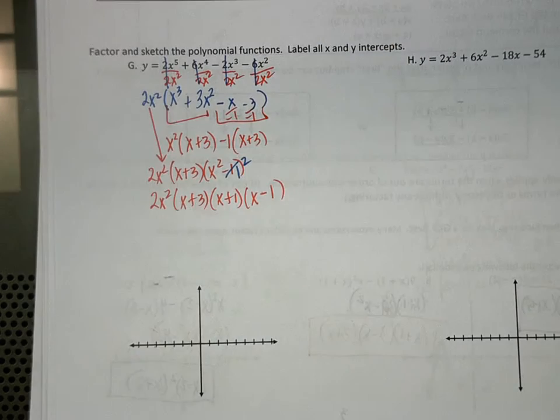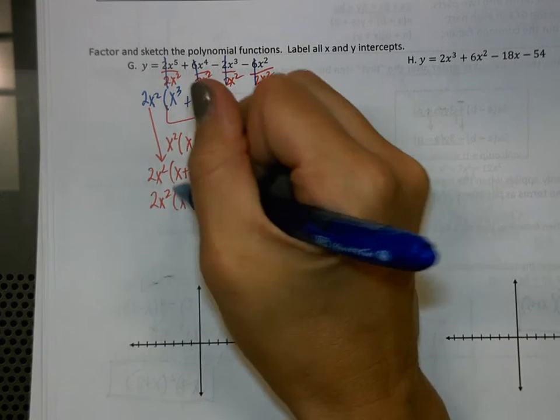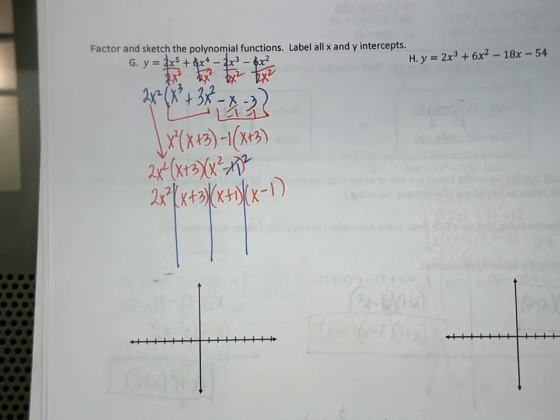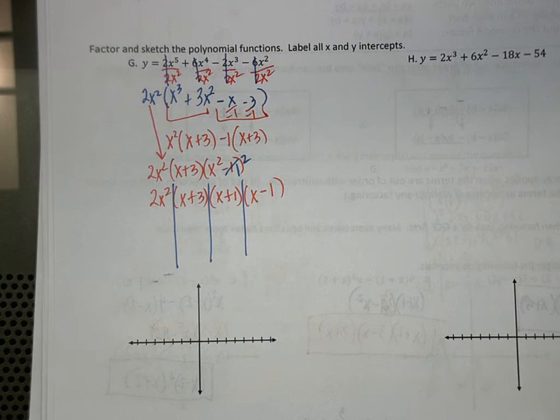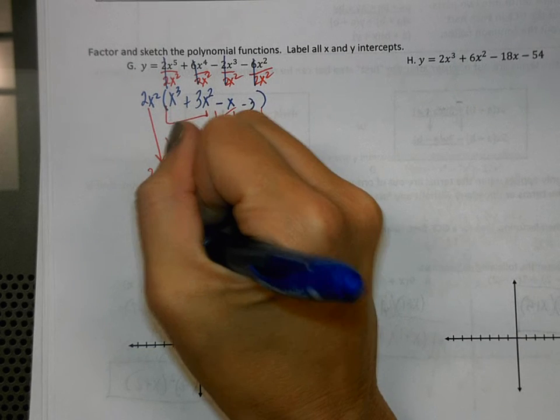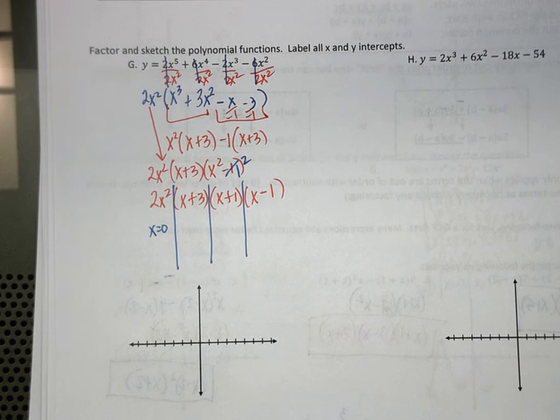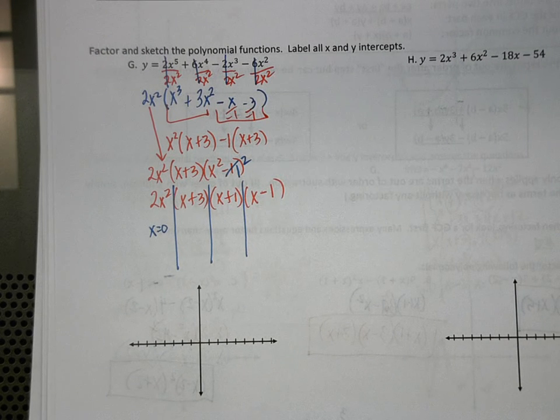Okay, what would be my next step in order to graph these? Good. Put them in our little columns so that we set each of them equal to 0. Okay, so 2x squared, when I set that equal to 0, what does it equal? 0. If you're ever not sure, set it equal to 0 and solve it. Okay, but 0 divided by anything is 0.